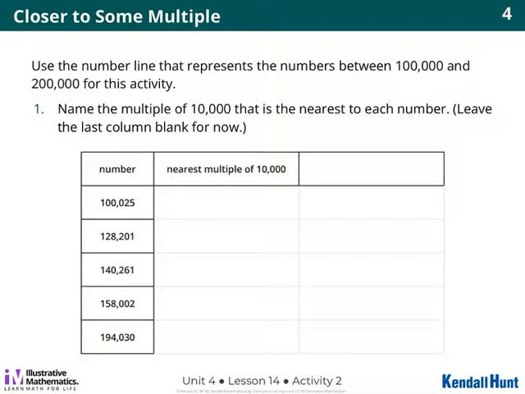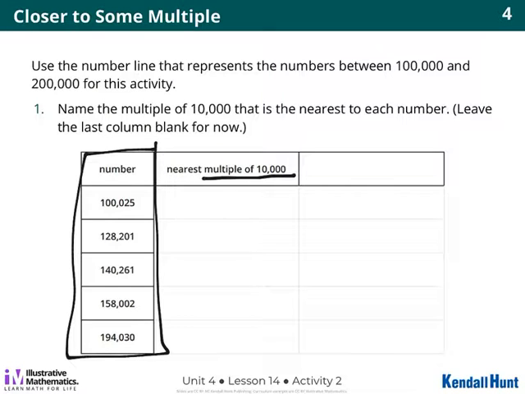So you had some numbers and you had to name the nearest multiple of 10,000. Raise your hand. 100,025. What is the nearest multiple of 10,000? Kara. 100,000. It would be 100,000. 128,201. What is the nearest multiple of 10,000?